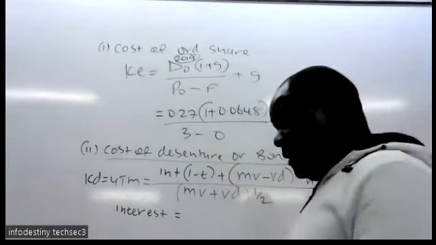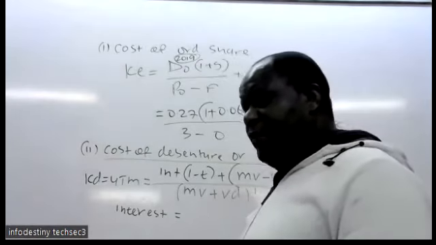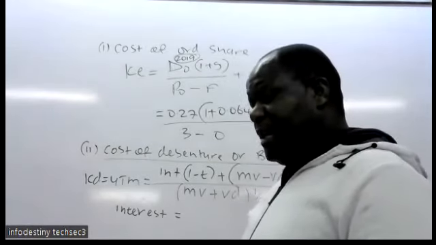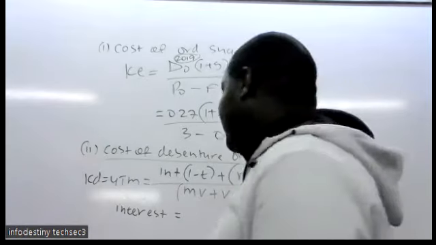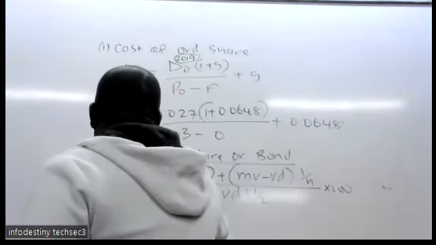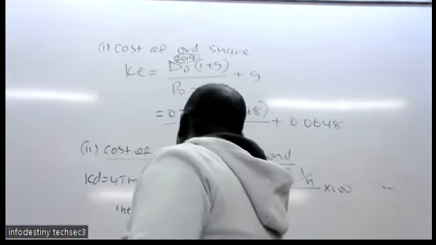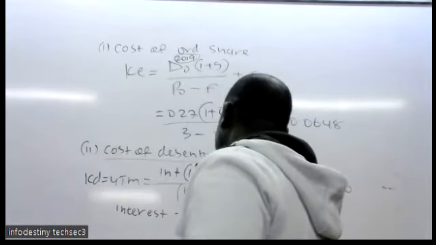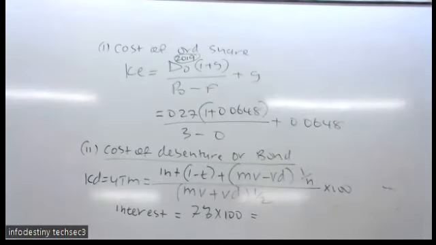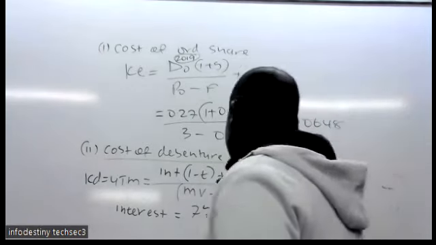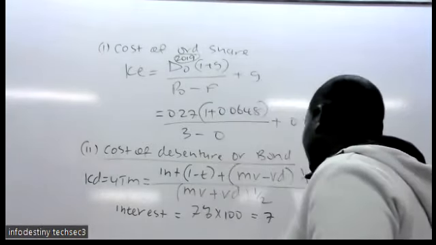Interest is calculated on the par value. 7% is up there in the capital structure, so that will be 7% of the nominal value. The nominal value has been given as 100, so the interest is 7.